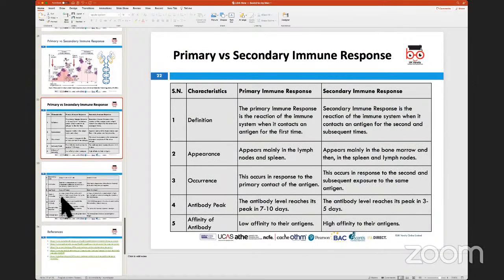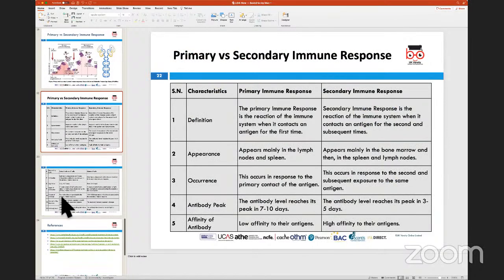Now, I've also looked at creating a table, and the table essentially looks at the parameters that I discussed with you when I talked about how we differentiate between the primary and the secondary response.